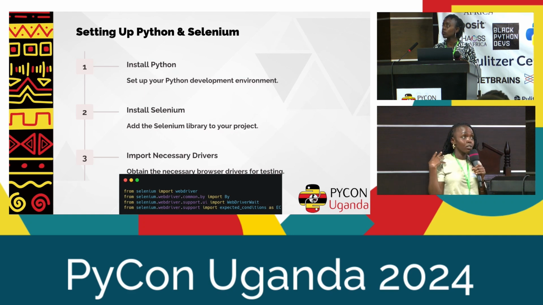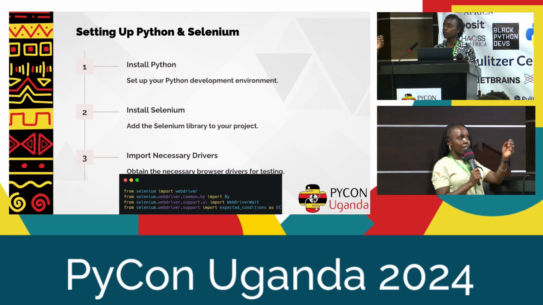Initially, in the previous versions of Selenium, you had to download drivers for the different browsers. For example, if you're using Chrome, you'd have to download the driver for Chrome. If you're using Safari, you'd have to download the driver for Safari. But with the upgrades, we're just going to import the WebDriver and we'll be able to call the right driver.